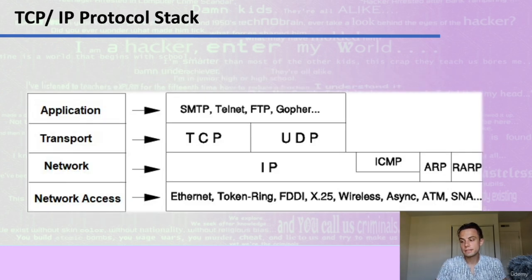If we check the next diagram, we can see the different layers and what they control. On the top level, we have the application layer with the SMTP or Telnet commands in order to access devices. Then we have the transport layer. Then we have the network layer, which is the IP address. And finally, we have the network access layer, which is, for example, the wireless or the WAN.